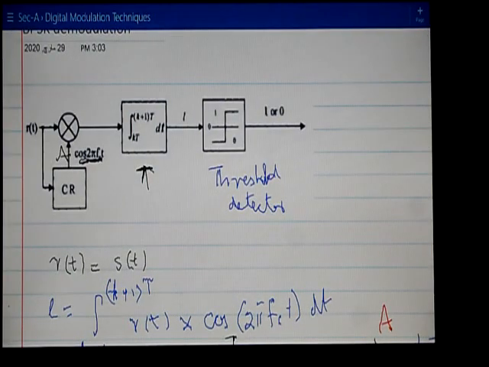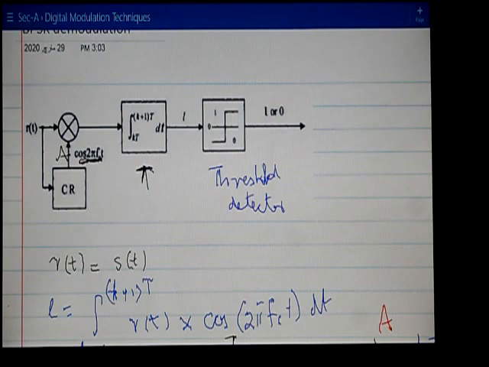Let me go to the demodulator block. We discussed the detection process. Here the threshold detector gives you the information whether the received signal in the given time interval is a +1 or a -1. It would declare it a 1 or a -1 depending upon the value of L, the integrator output.